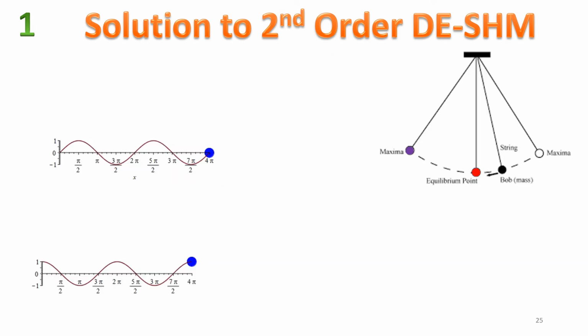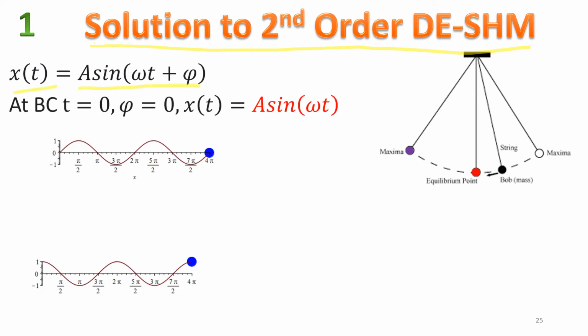So friends, we have already solved the differential equation of second order, which is of simple harmonic motion, and that equation we are going to plot now. So the equation is x of t is equal to a sine of omega t plus phi, and for simplicity we shall consider a boundary condition, when t is equal to 0, phi is equal to 0. This is the boundary condition.